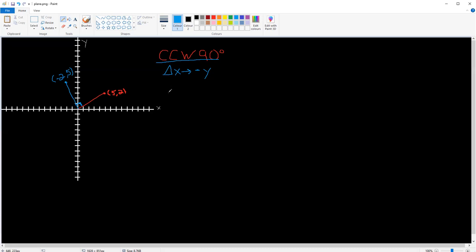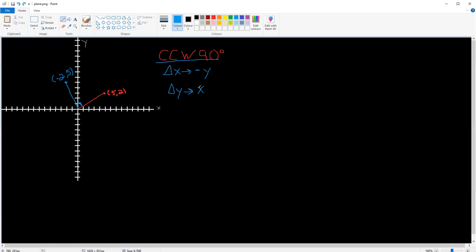And your y became your x value. So your x and your y flopped, and your x value became negative. What was originally your y value became negative, right?